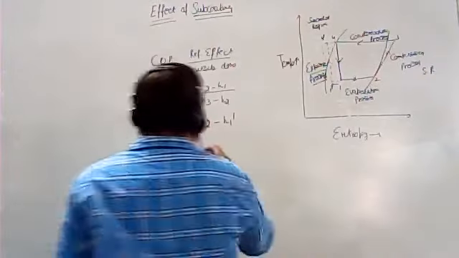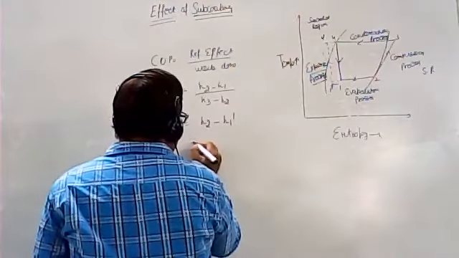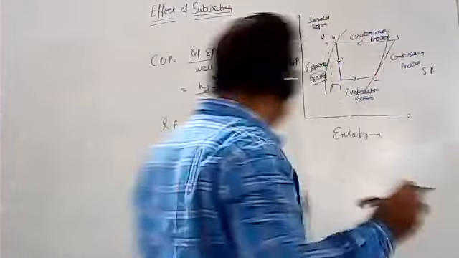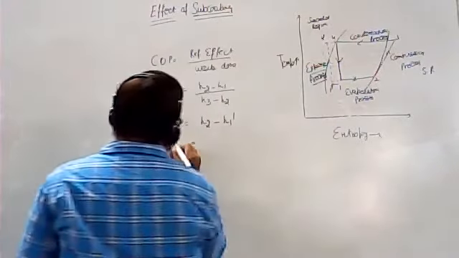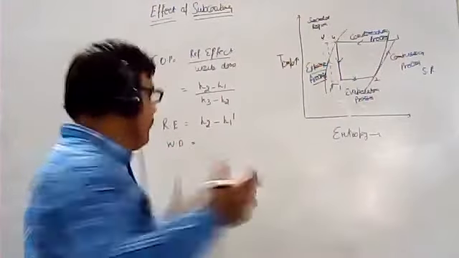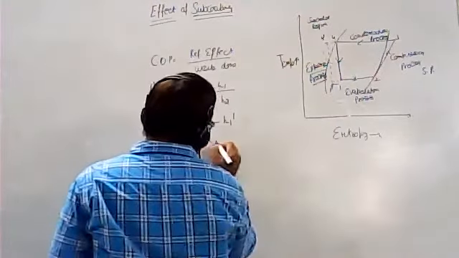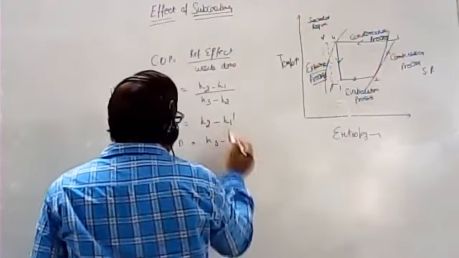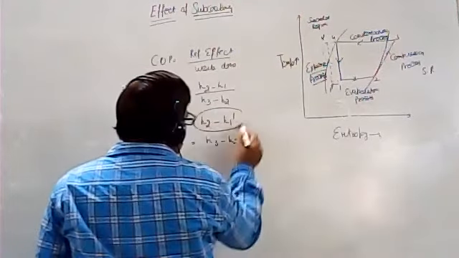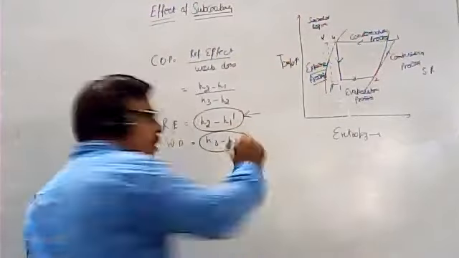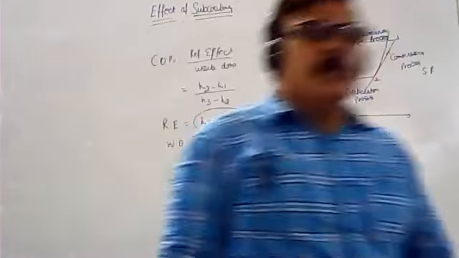This means your refrigeration effect will get increased from H2 to H1. Okay. And the work done by the compressor remains the same, H3 minus H2. So what will be its effect? Look at here. The refrigeration effect in this case will get increased for the same amount of work done by the compressor.